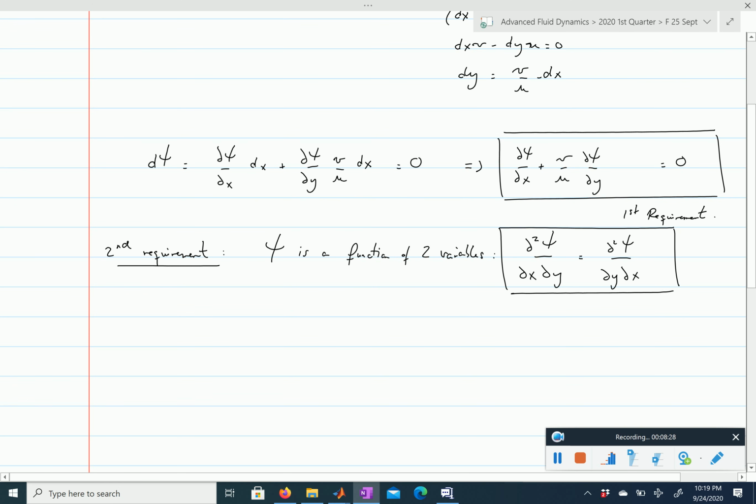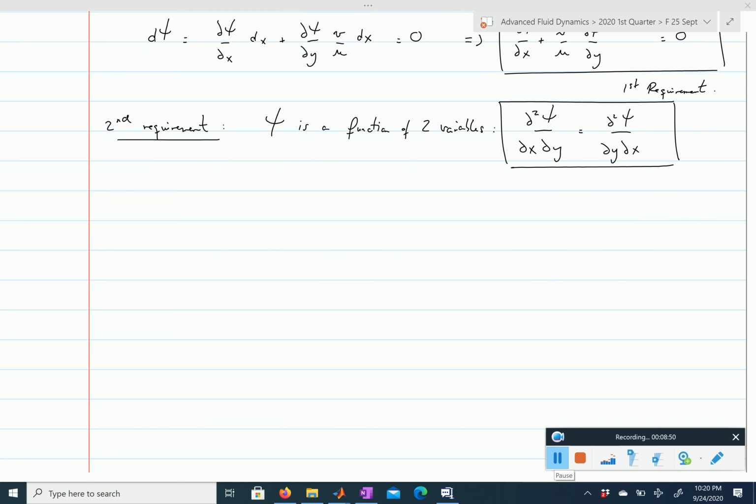Right, so we have one requirement which, if the partials of psi satisfy this condition, the function psi can exist, and we have one requirement which states that the function psi is going to be constant along a streamline of the vector field uv.